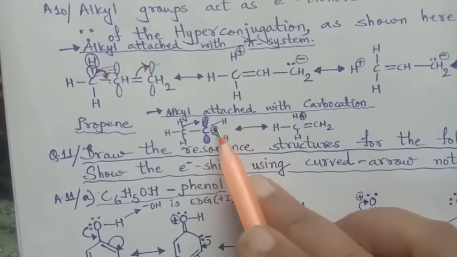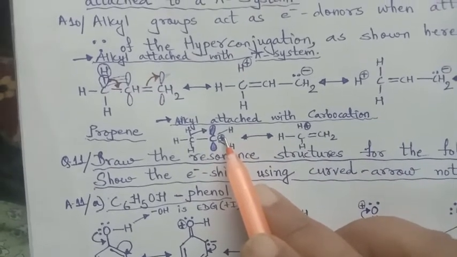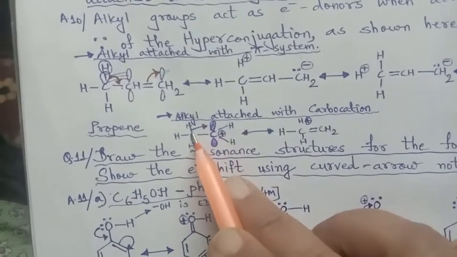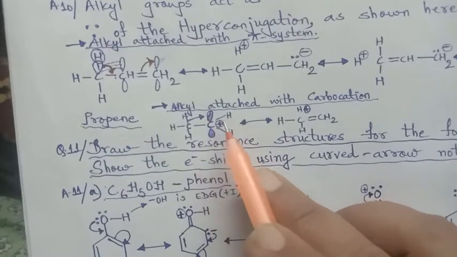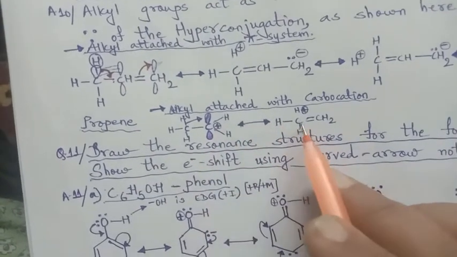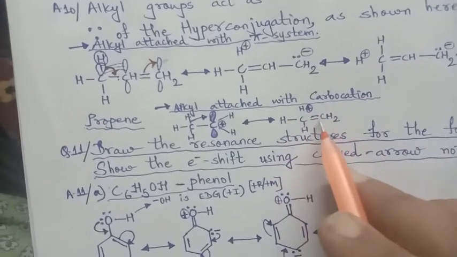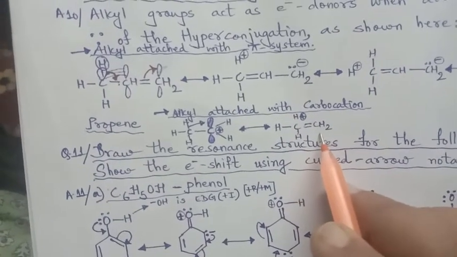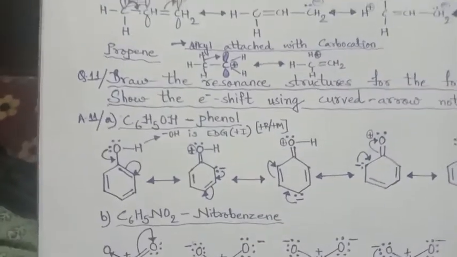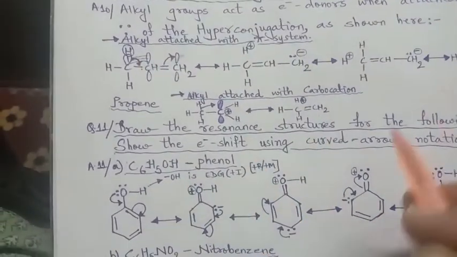So there is one electron, right, which is in need. So this will try to overlap over here, and this carbocation will get the bond. So it will be like this, CH3 double bond CH2. So with a carbocation also it shows the electron donor group tendency.